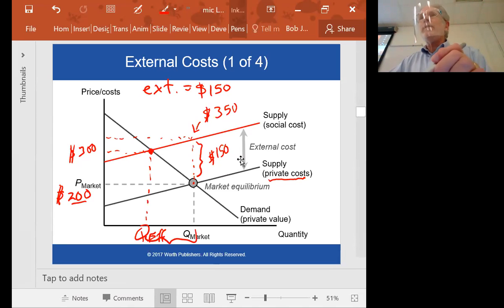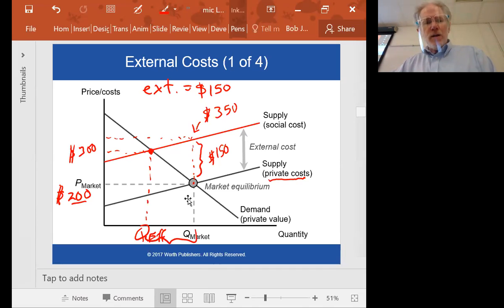It's not a private cost because it is not borne by the producer and it's not borne by the consumer. So here we're going to have an inefficient use of resources because the prices that exist, the prices people are trading at, do not take into account all of the cost of their actions.